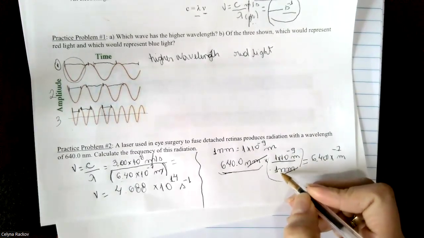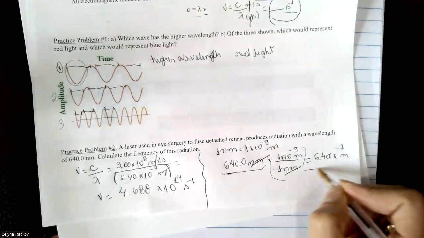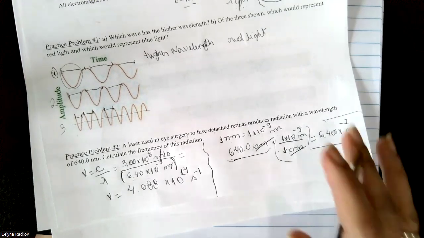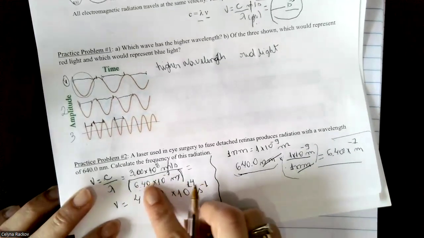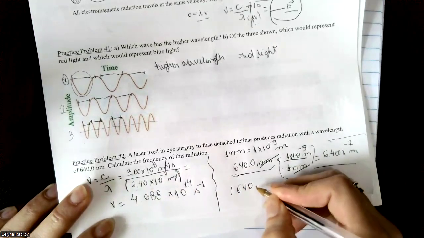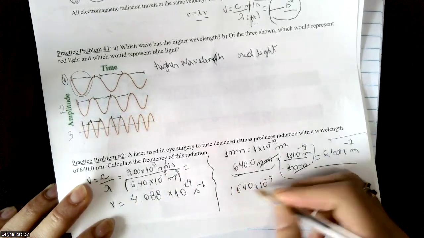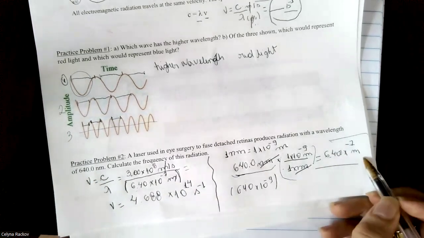Each 1 nanometer is 10 to the minus 9 meter, so the units cancel, and your number in meters will be 6.40 times 10 to the minus 7.